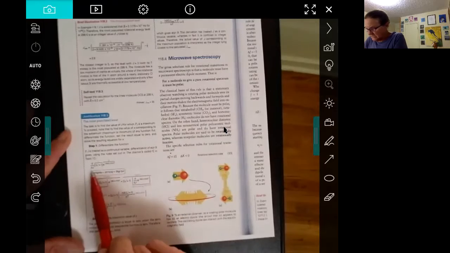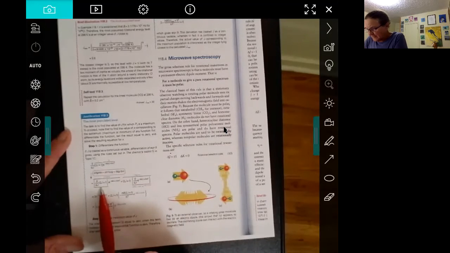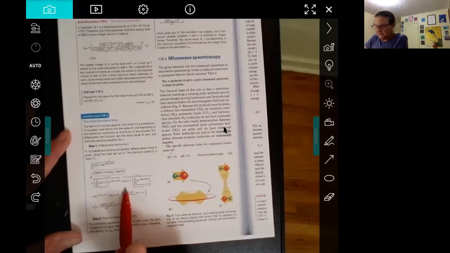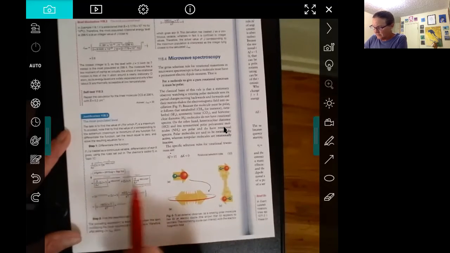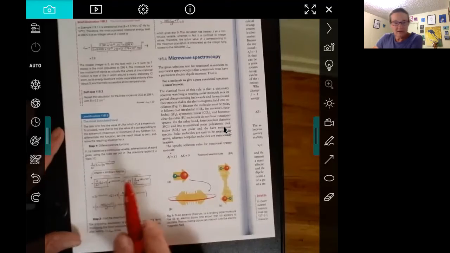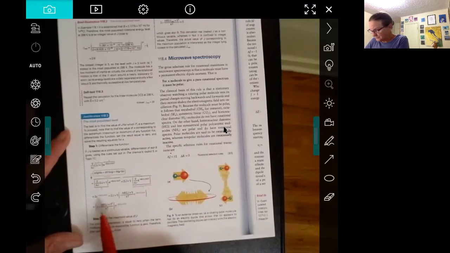It's just reminding you how to take the derivative of a product. Each of these is a function of J, so it's going to be the product rule. You could do that, or you could use Mathematica, but you end up with this function.